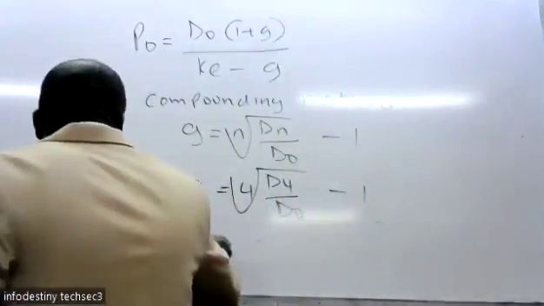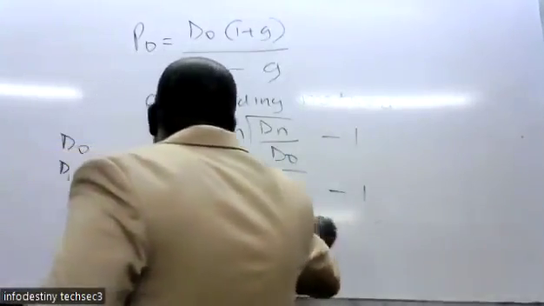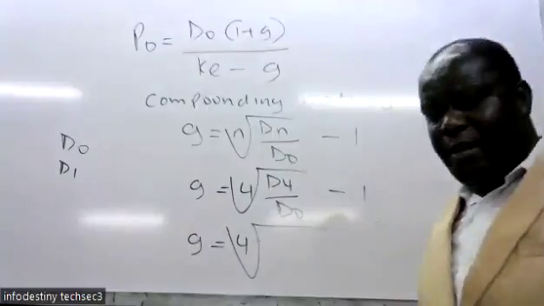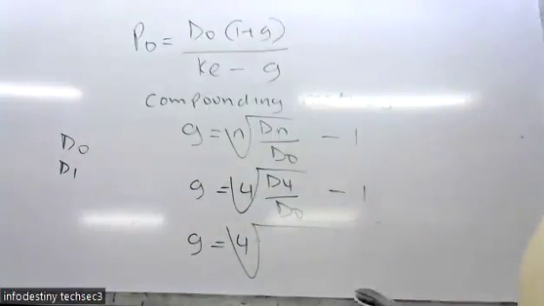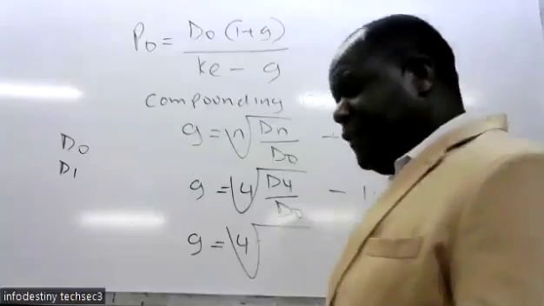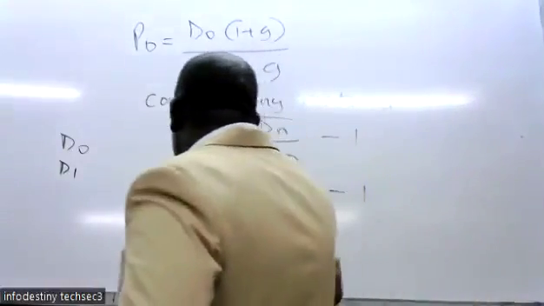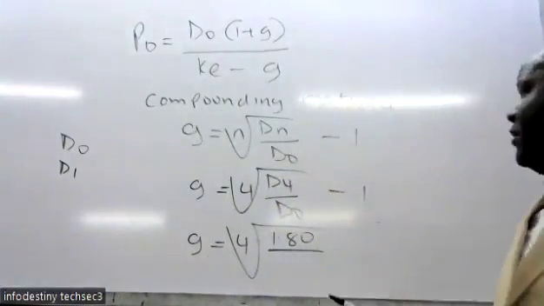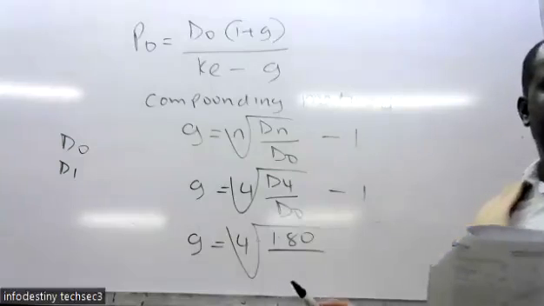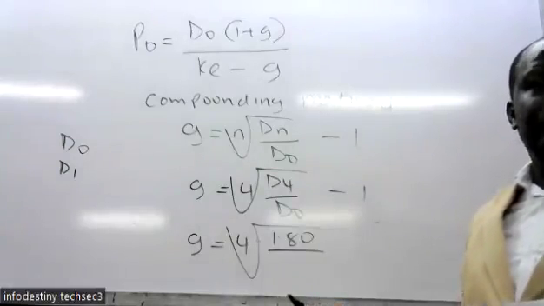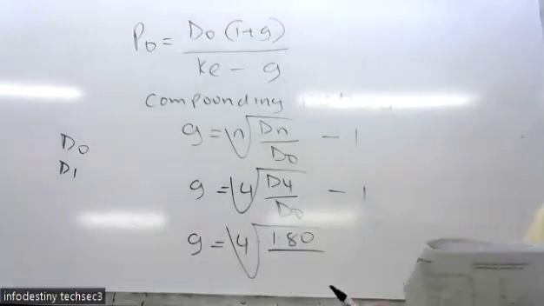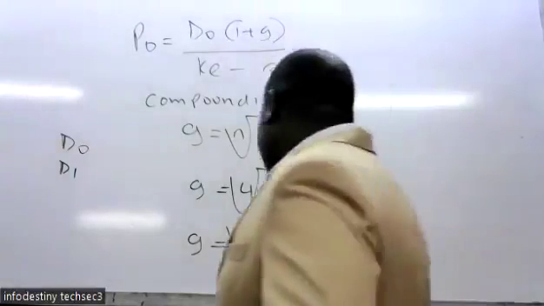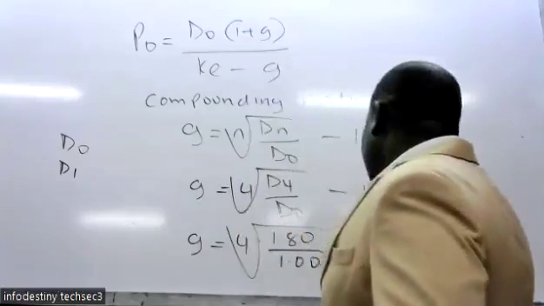D4 is the dividend per share in the year 2017, whereby the question had given us 1.80. We divide by D0, the dividend per share in the year 2013. You can see 2013, they gave us a dividend per share of 1.0. Then we minus 1.